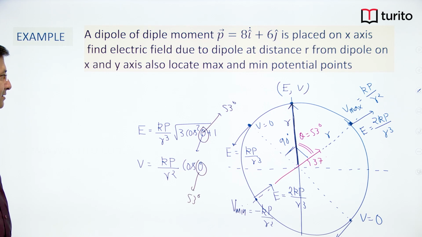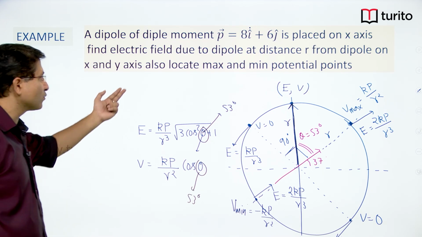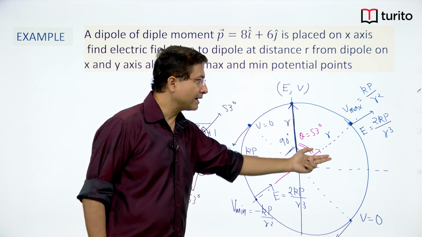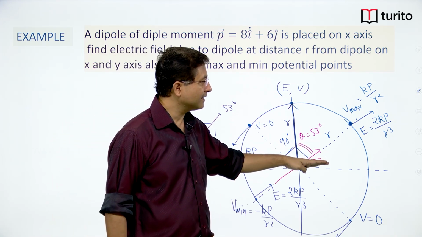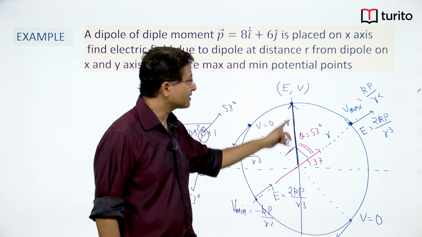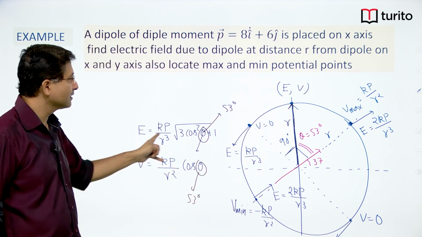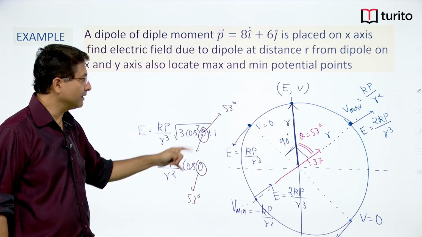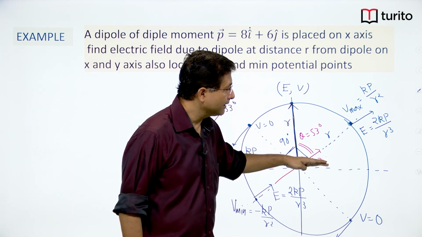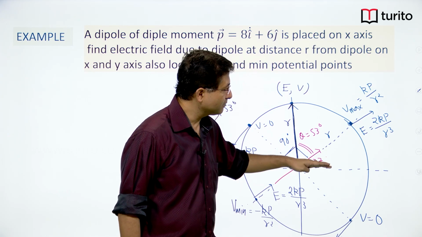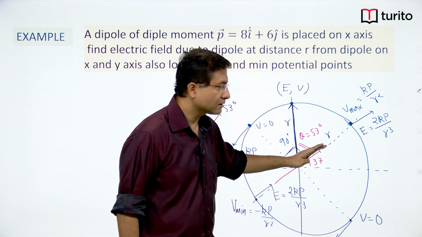On the x axis, now the question is what is the field on the x axis. From the dipole moment you can see this angle is 53, for the y axis, I have already done, and for the x axis the dipole moment is making minus 37.